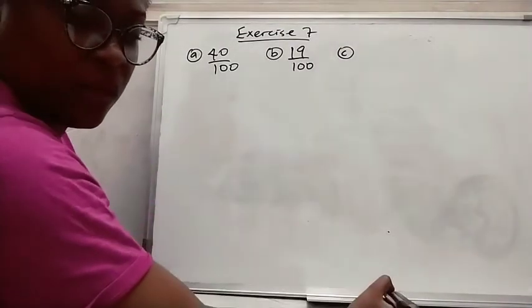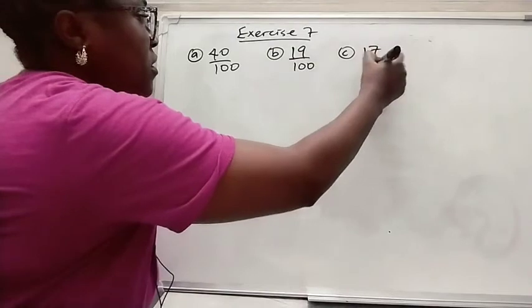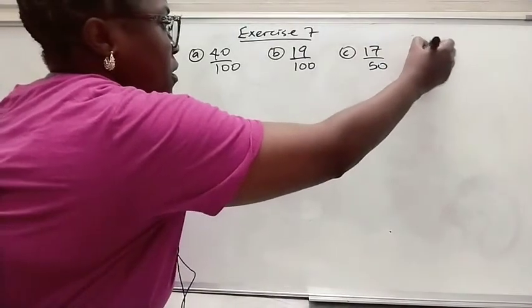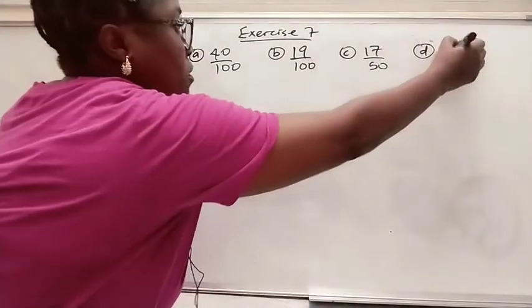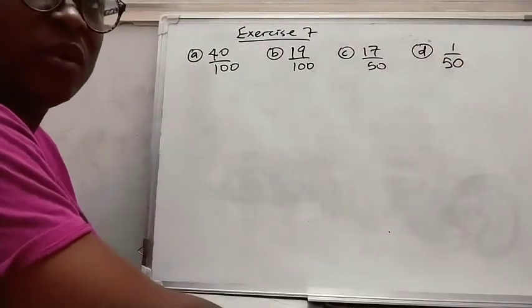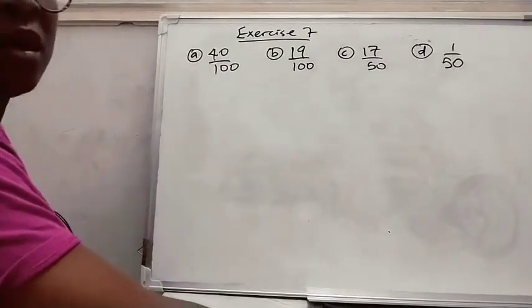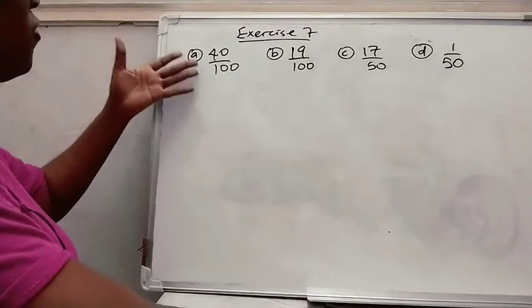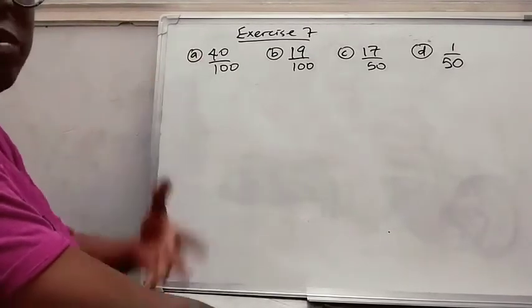The third one is 17 over 50. And the fourth one is 1 over 50. So let's do these 4 first, and when we're done, we'll move on and do the next ones, okay? So converting a fraction to a percentage.